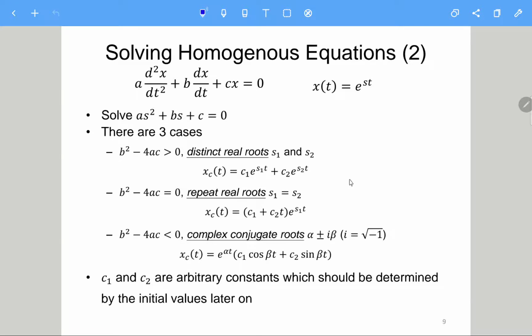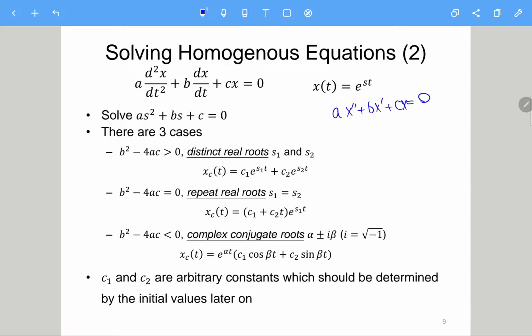You may ask why, because here we have x of t satisfying a x double prime plus b x prime plus c x equals 0.